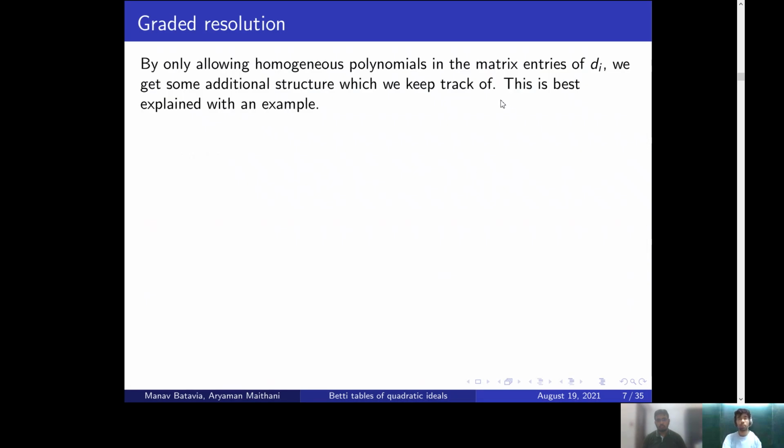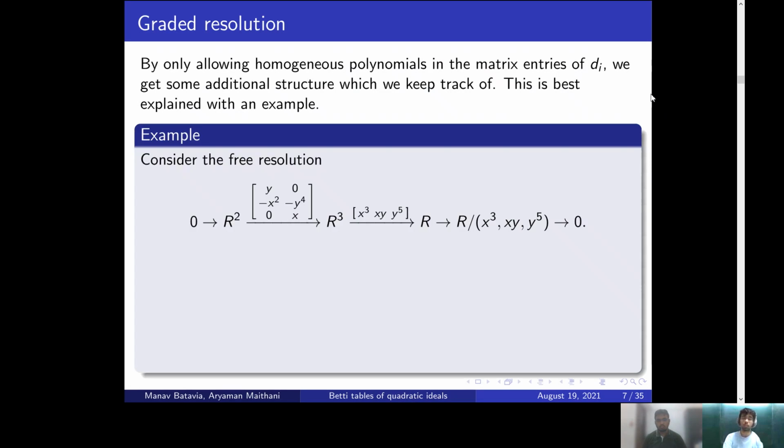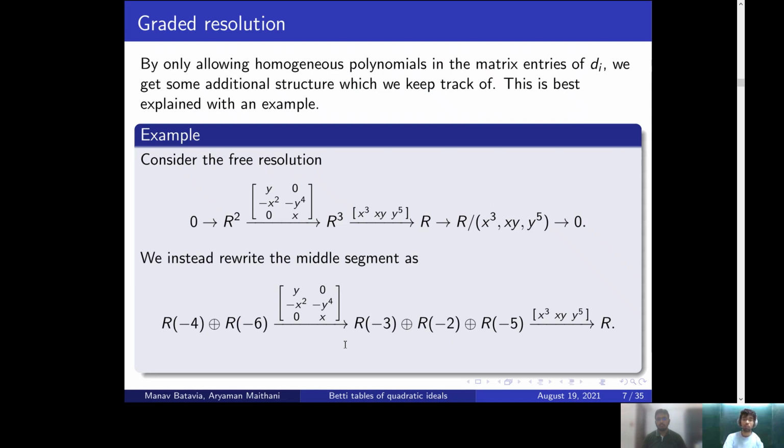Moreover, we talk about something called a graded resolution. We had defined graded resolutions, but we also need to take care of something more, which is the degrees. So consider we have this free resolution of this ideal. Here our matrices have a degree 3, degree 2, and a degree 5 polynomial in the columns. So we keep track of this by denoting it in this form: R(-3), R(-2), R(-5), to denote the fact that after multiplication, we should get R without any degree.